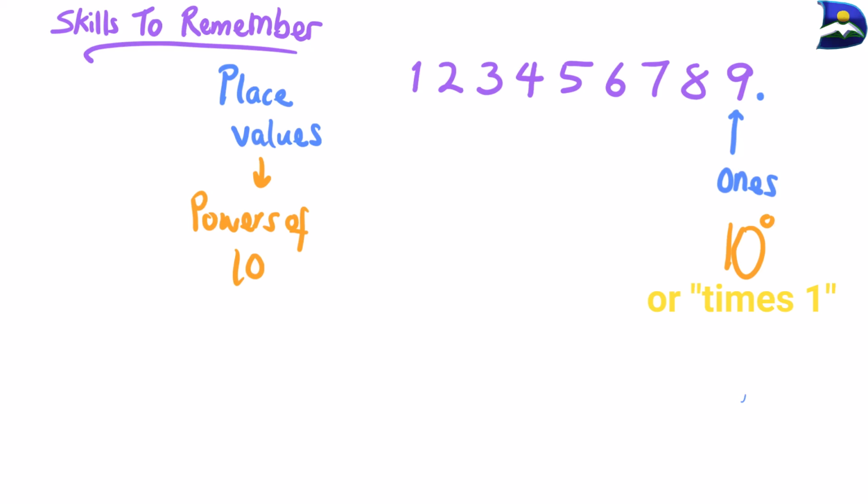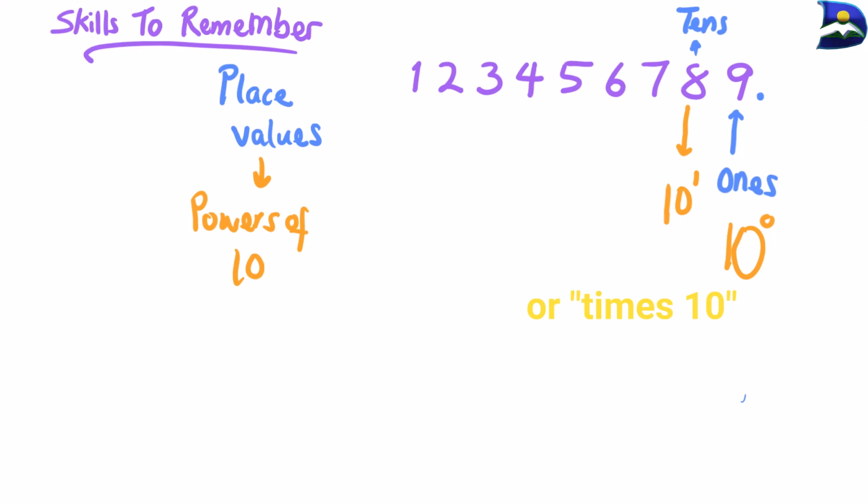And then the next one, which comes before your 9, is 8, and this represents our tens, and the power of 10 for 8 is going to be expressed 10 to the power of 1.